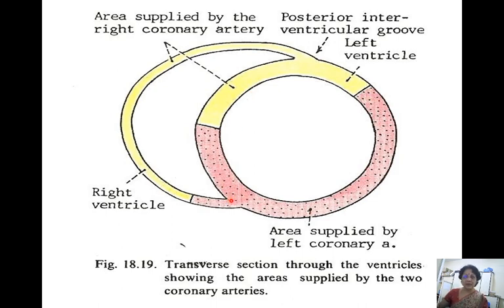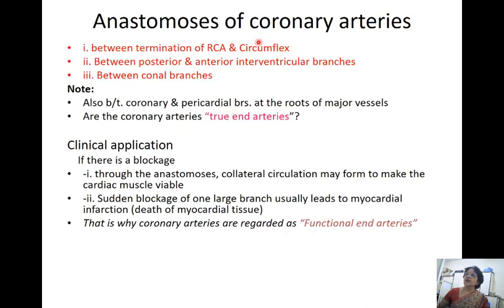So, clinical. Anastomosis: we already saw between the termination of the RCA and the ending of the circumflex, then between the posterior and anterior interventricular branches. Also between coronary and pericardial branches at the roots of the great vessels. What are the major ones?